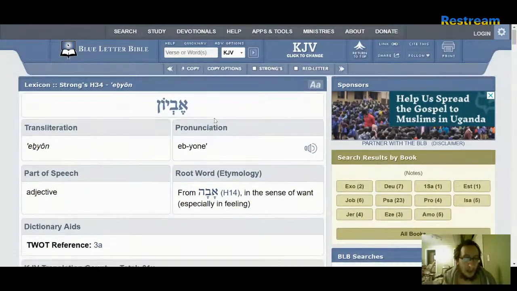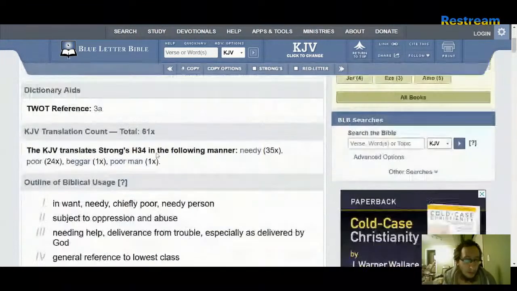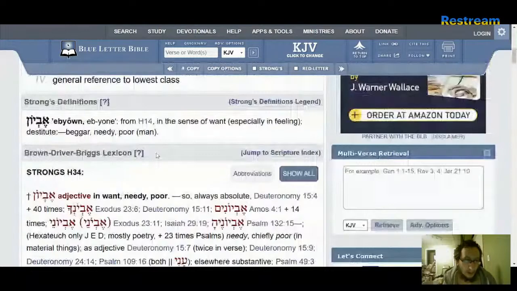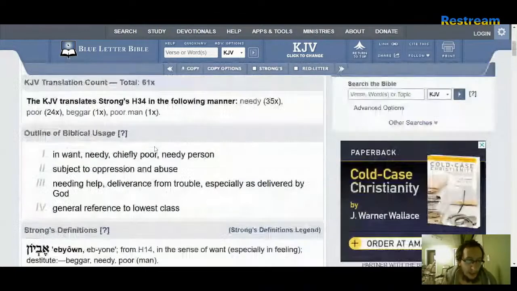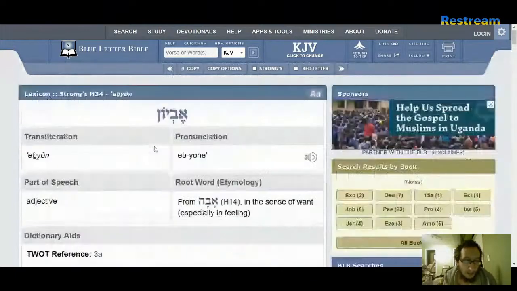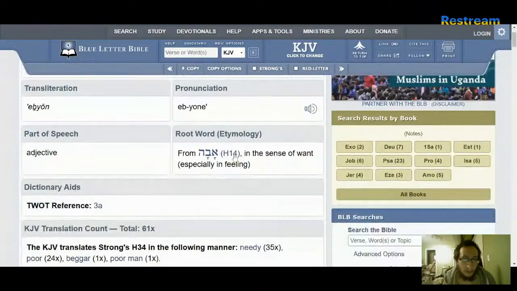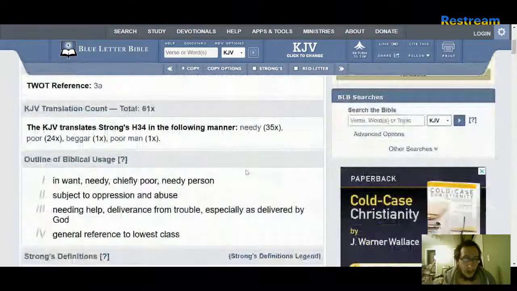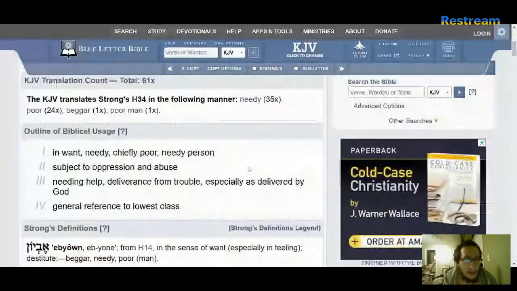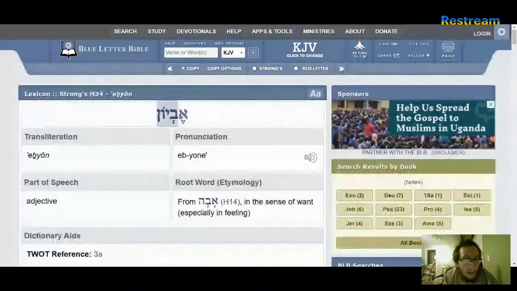So someone who's poor is completely wanting, in complete want, desire. They don't have anything, so they are full of want.